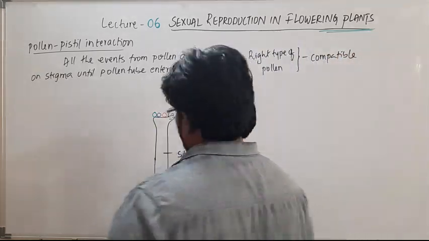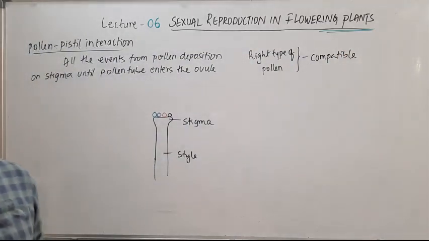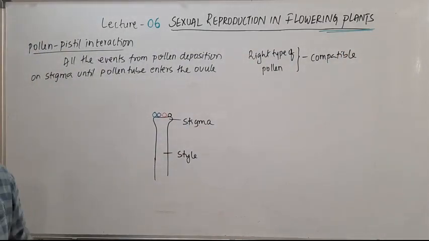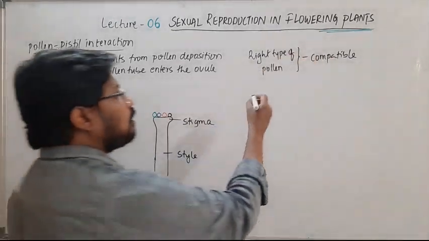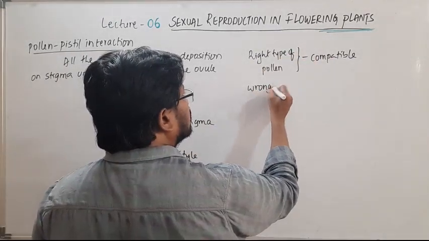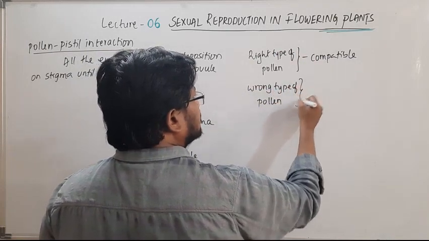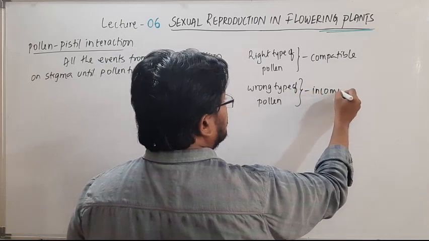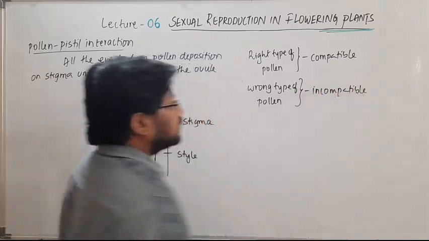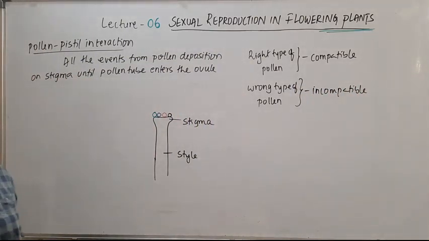And if it is the wrong type of pollen, then I say it is incompatible. So if it is the right type of pollen, I use the word compatible, and if it is the wrong type of pollen, I say it is incompatible.